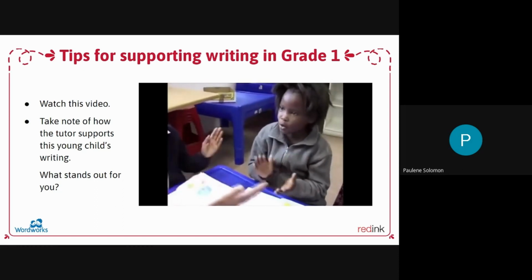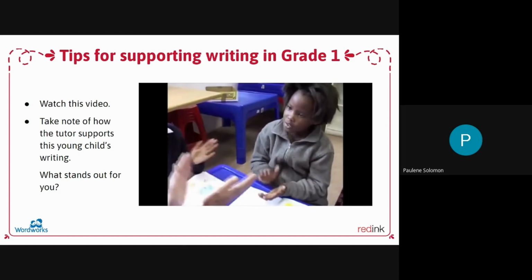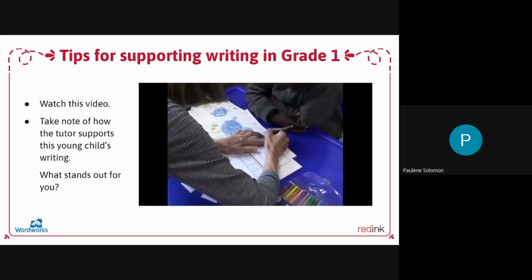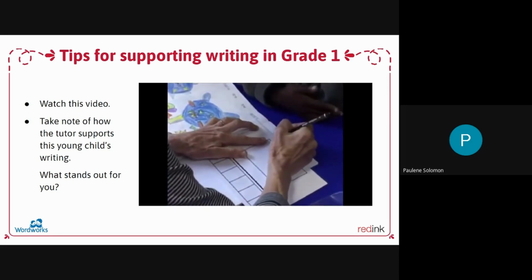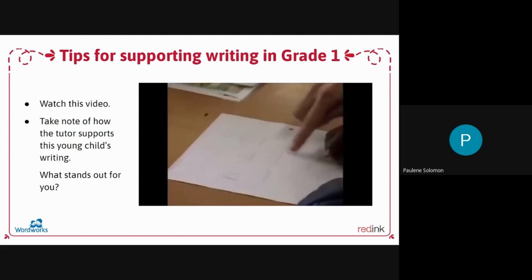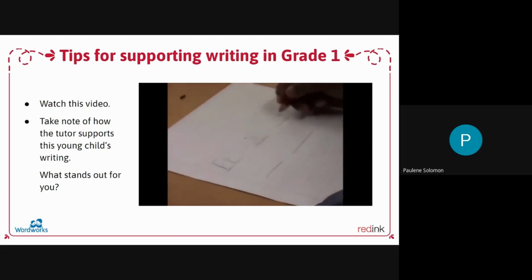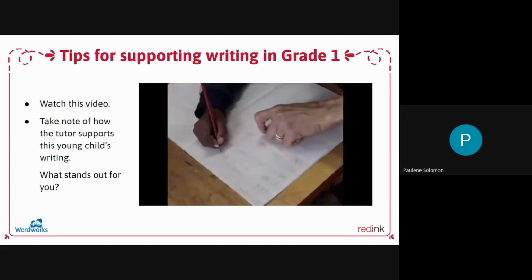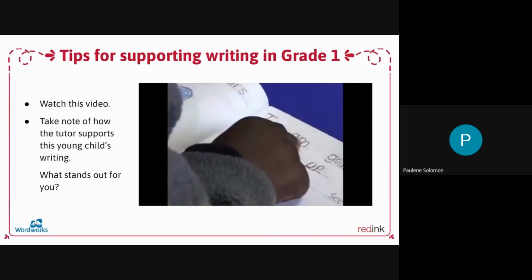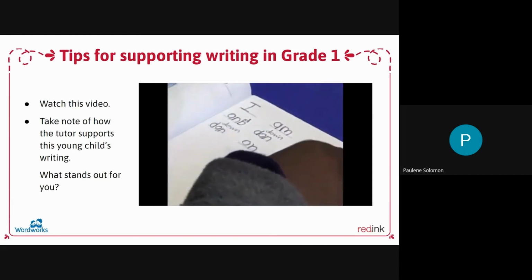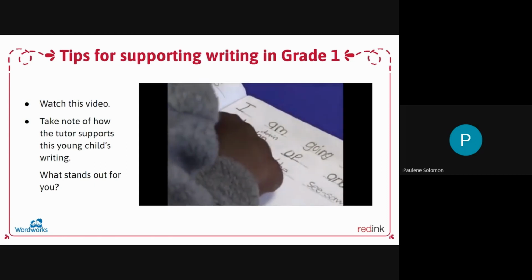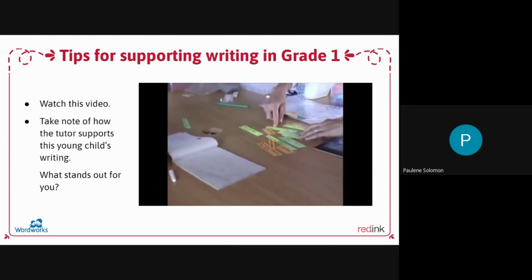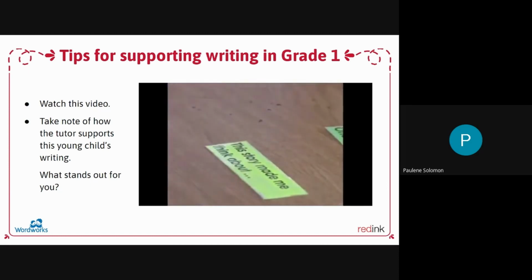Show children how to clap each of the words in the sentence, or count them on their fingers. Going down on the seesaw. And then draw a line for each word. Encourage children to try and write words on their own. You can write words or word parts for them if necessary. When the child has finished writing the sentence, ask them to read it while pointing to each word as they read. Now ask the children to draw a picture to match their sentence. Once children are able to write longer sentences, you can use sentence.